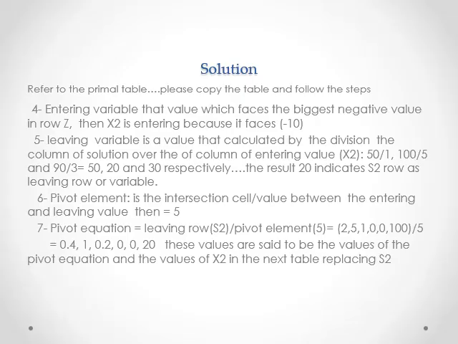The pivot element is the intersection cell or value between the entering and leaving variable, which is between x2 and S2, and it equals 5. Back to the primal table, the pivot element is the intersection value between the entering and leaving variable, then equal 5.